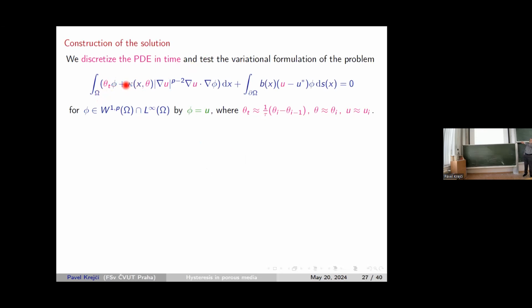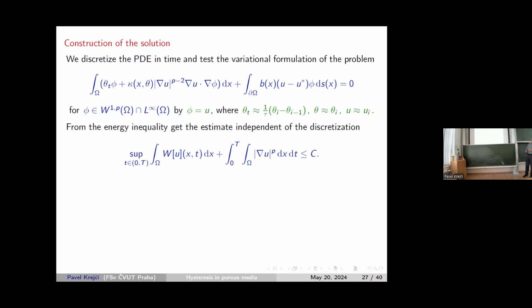When I write theta t, I mean the difference 1 over tau, theta i minus theta i minus 1 in an interval t i minus t i minus 1. And also theta is discretized as theta i, u is discretized as u i. So these are time discrete, these are constant functions of x, and for test functions in W1, the intersection unit.